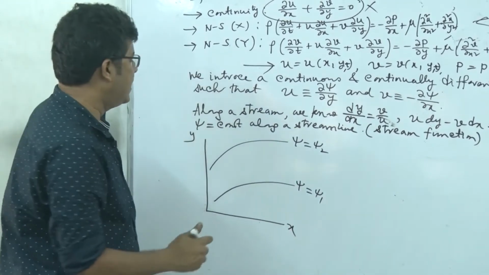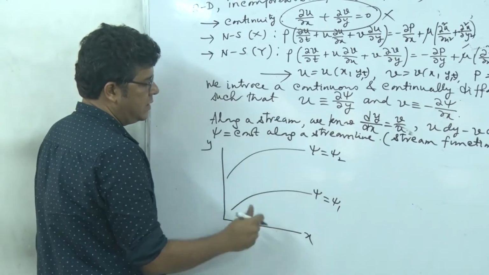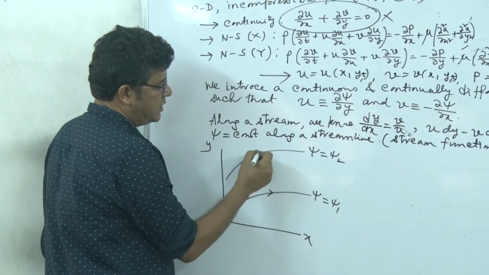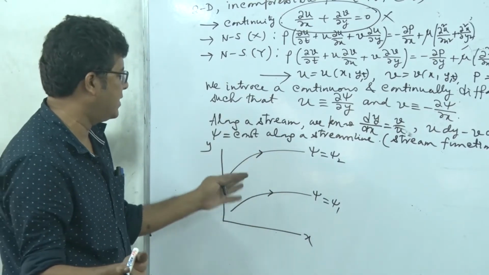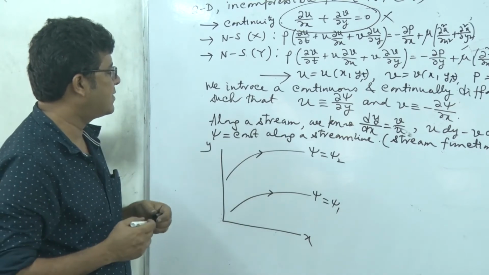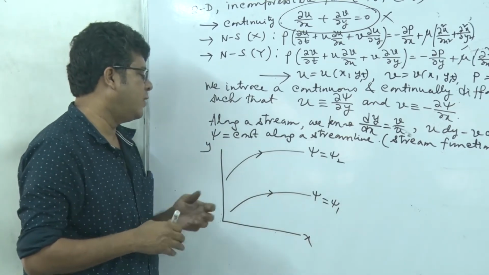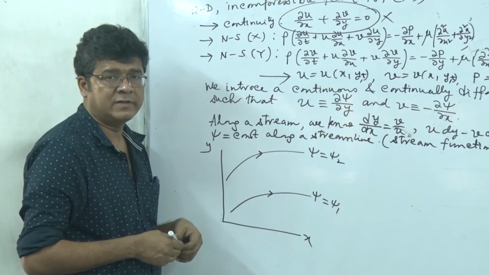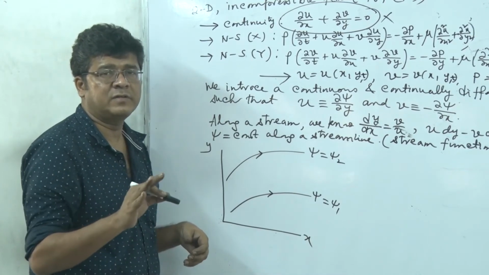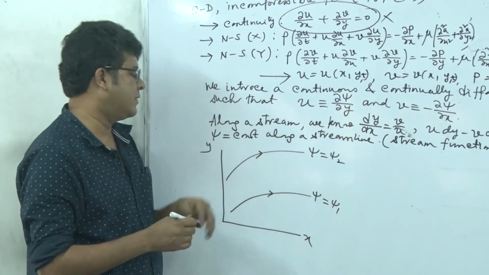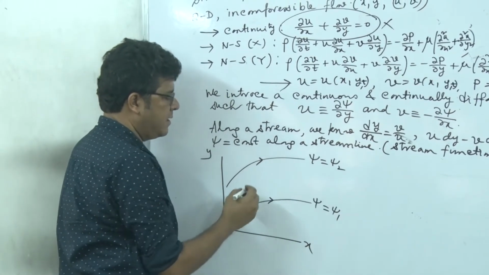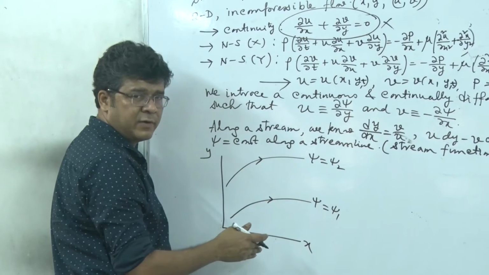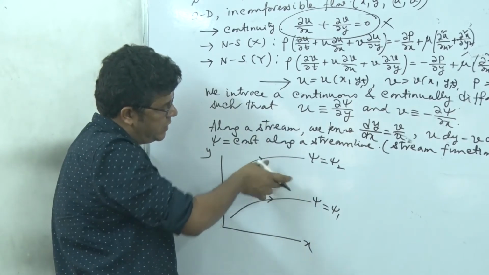We want to calculate the flow rate locked between these two streamlines, because we know that there will be no flow across a streamline, as a streamline is something to which the local velocity vector is always tangential. So that's why there is no possibility of having flow across the streamline. So whatever enters here must leave here, right? And we want to calculate the flow rate which is locked between two adjacent streamlines.